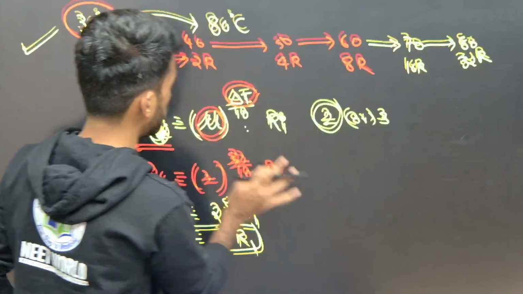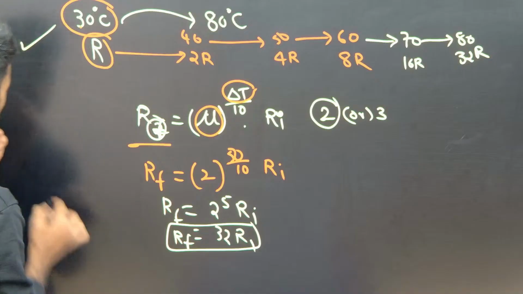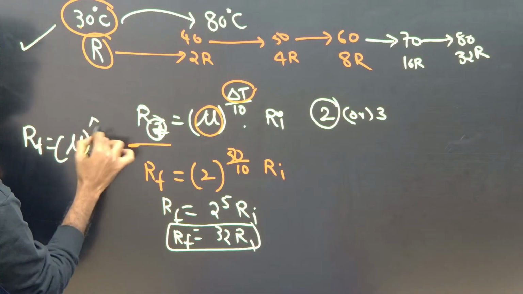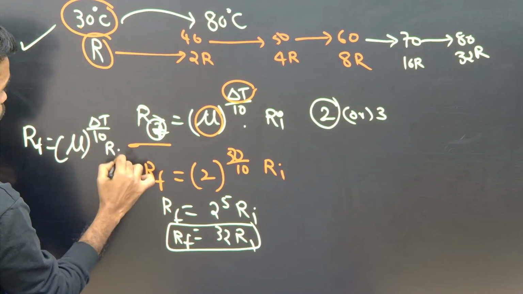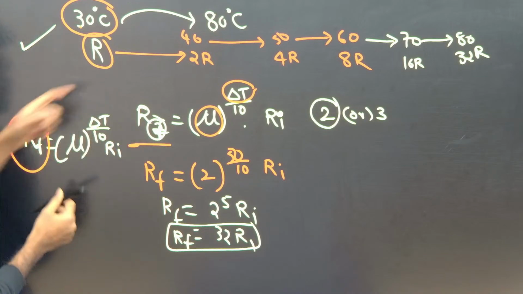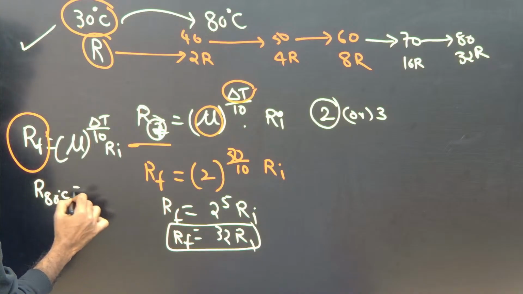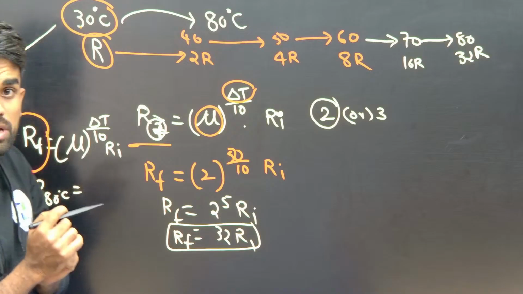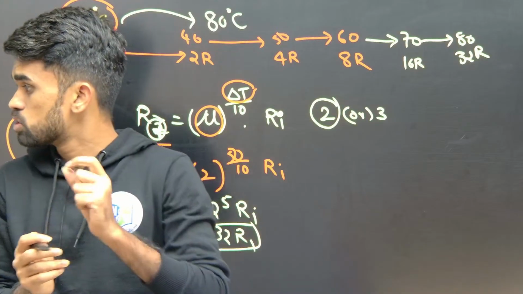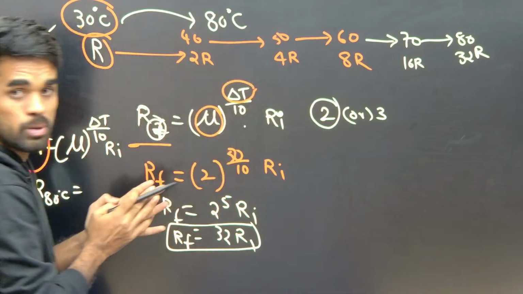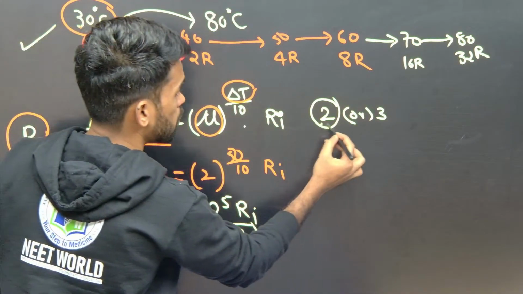Next, the same question we can solve in this manner. Final rate RF equals mu to the power delta T by 10 into Ri. The final temperature is 80, so the rate at 80 degrees Celsius equals mu to the power delta T by 10. Mu is the temperature coefficient. If nothing is mentioned about the temperature coefficient, just take the minimum number 2.